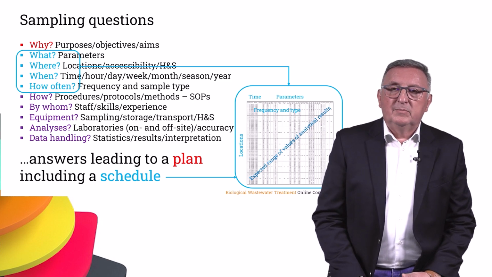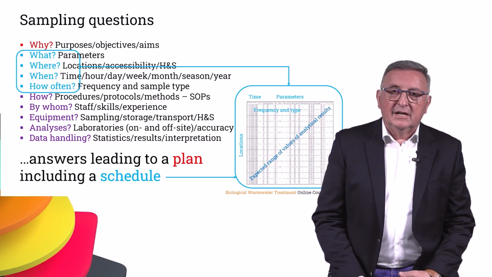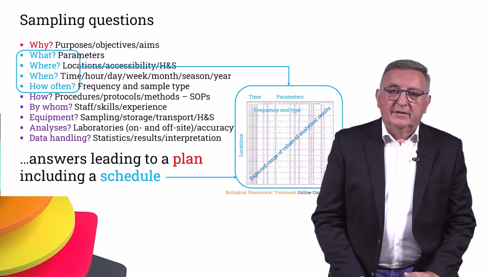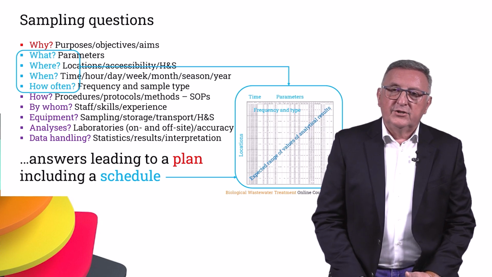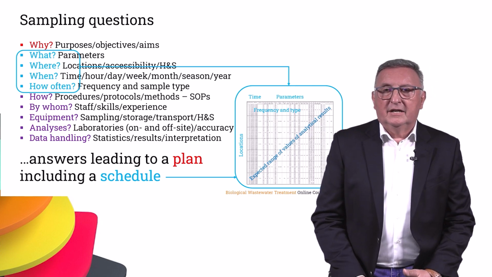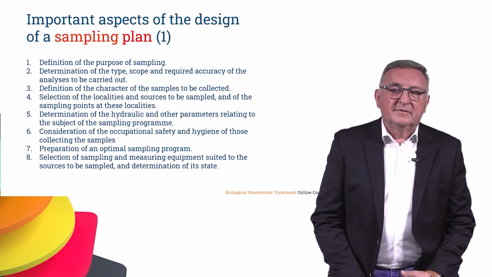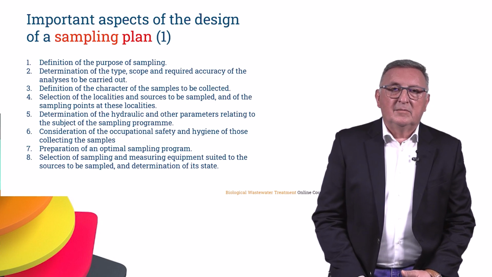And that all can be put in a tabular form where we can make a schedule for sampling with all this information. What is important, as I said before, is that you also determine the expected range of values of analytical results. In this couple of slides, I have summarized important aspects of the design of a sampling plan.